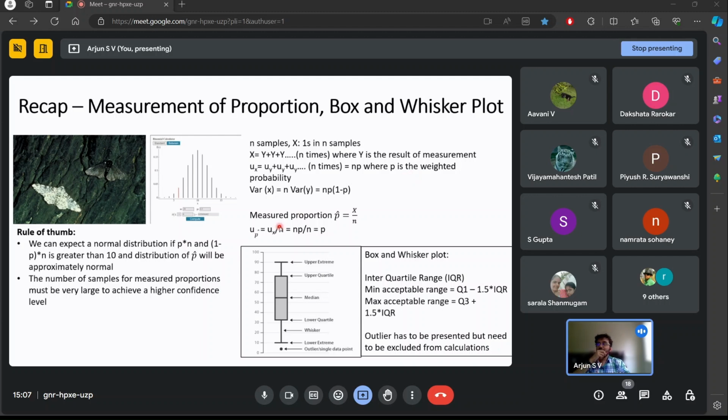And after that we came into the main picture, which is the measured proportion. Measured proportion would be described as the number of events, the parameter that we get in an event, divided by the total number of events, and the mean of that will always come under a normal distribution if we take a lot of samples, just as we discussed in the central limit theorem.